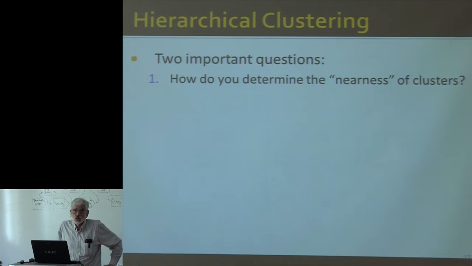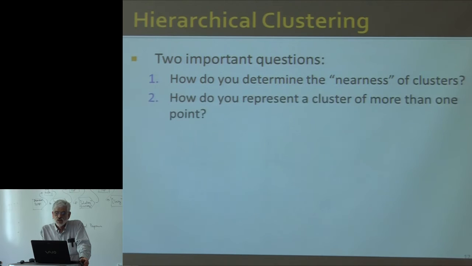All of these things are choices that sort of make this an art rather than a science, and there's nothing much we're going to do about that. Anyway, so you want to know, how do you decide nearness? And sort of a related question then is, how would you represent the cluster of more than one point? Ideally, I don't represent it by the entire set of points, but I might have to.